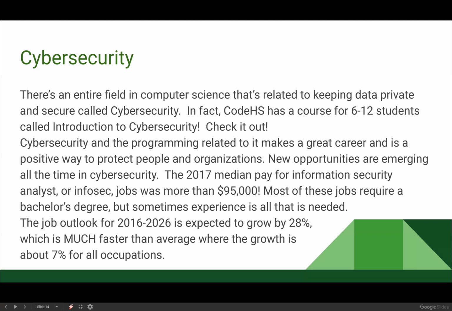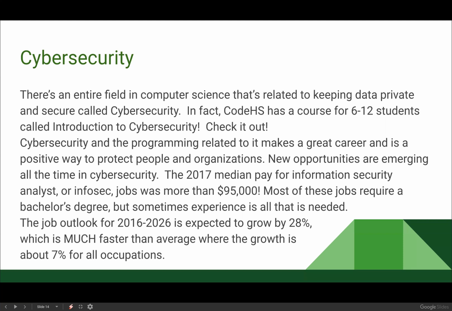Reach out to me and I can add you to a section, I suppose. Cybersecurity and the programming related to it is a very good, very lucrative career, and it's a great way to protect people and organizations. There's all kinds of new jobs always emerging in cybersecurity, and it tends to pay fairly well.